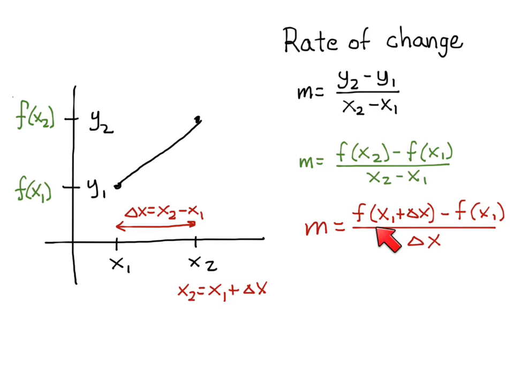And so I have this nice expression that says, okay, my function at x1 is subtracted from my function evaluated at x2, but that's the way I'm writing it. So notice I don't have any expressions now for x2. Okay, x2 is going to be less important to me, but this delta x notion of how far away from x1 am I is going to be pretty important.